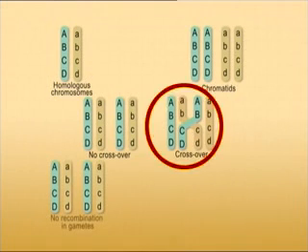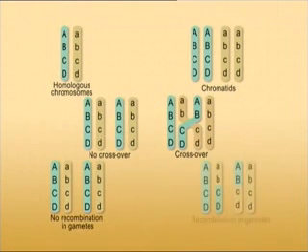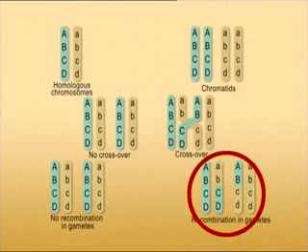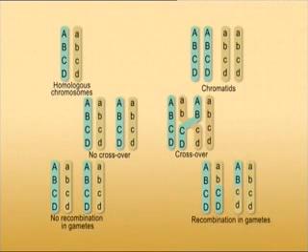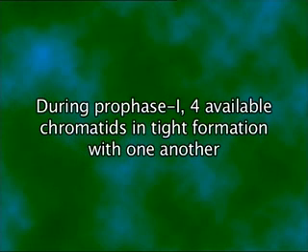When the chromosomes pair during meiotic prophase, parental homologous chromosomes exchange segments during crossing over to produce recombinant chromosomes, leading to the formation of new combinations of genes on the chromosomes of the gametes. During prophase 1, the 4 available chromatids are in tight formation with one another. While in this formation, homologous sites on 2 chromatids can mesh with one another and may exchange genetic information.